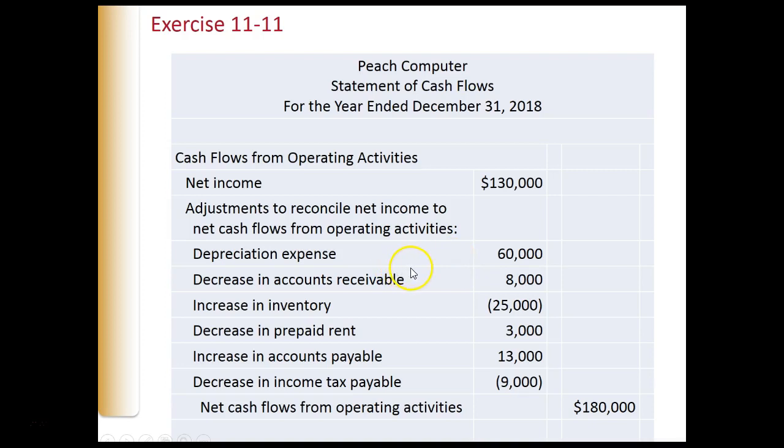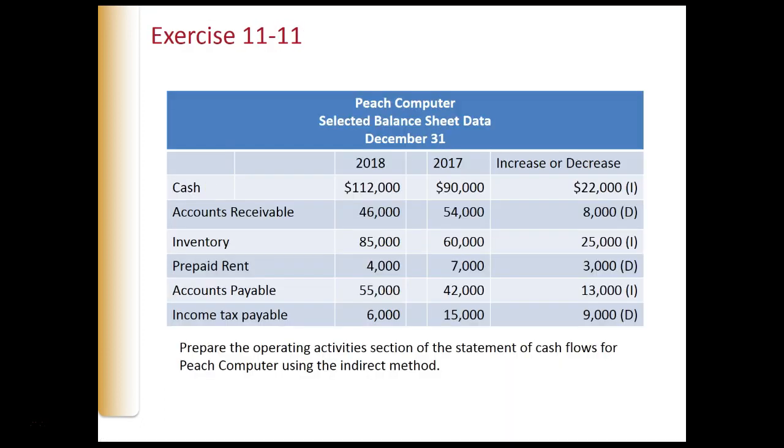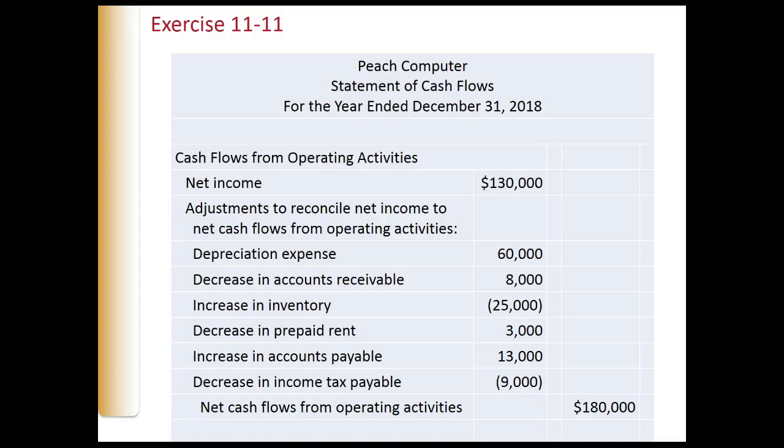Next, we're going to look at the changes in assets and liabilities. As you see here, we never talk about cash, but accounts receivable went from $54,000 in 2017 to $46,000 in 2018. It decreased by $8,000. When we have a decrease in a current asset, we're going to add it back. When we have an increase in a current asset, we're going to subtract it.